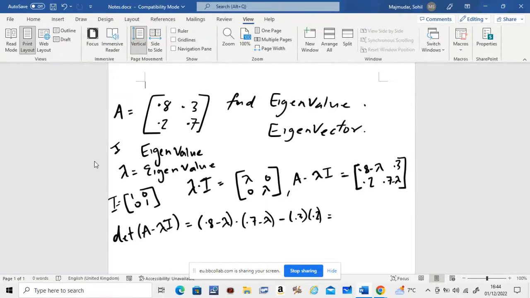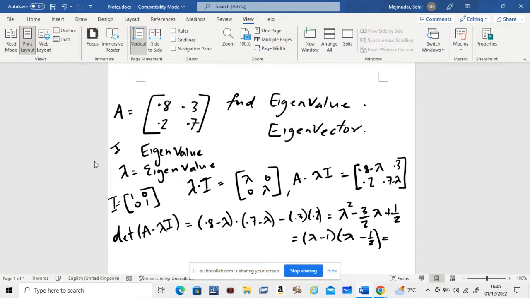So once you simplify this, you end up with this quadratic equation. This is lambda squared minus 3 over 2 lambda plus 1 over 2. And then you factorize this, it becomes lambda minus 1 bracket lambda minus half.